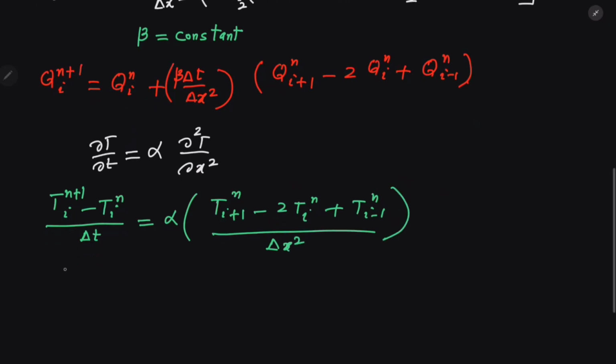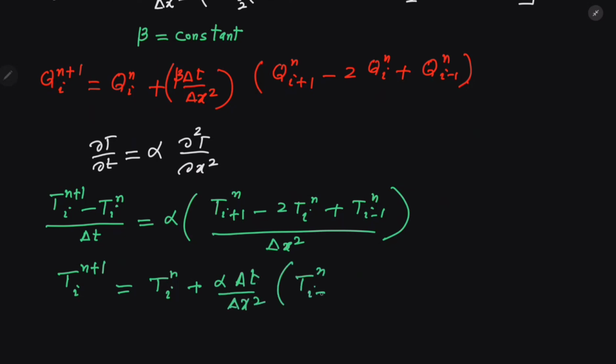So when we solve for T n plus 1, the solution at the n plus 1th level, we have T n i plus alpha delta t by delta x whole square times T n i plus 1 minus 2 T n i plus T n i minus 1.